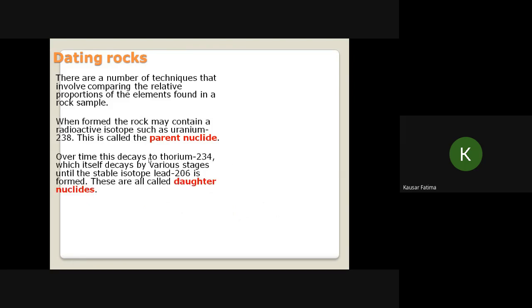It decays into thorium-234, which itself decays into other materials, and finally it becomes lead-206, a stable isotope, and it is the daughter. The older the rock sample, the greater the lead-206, because uranium will keep on decaying, and in a number of stages it will form lead. So the older one will have more lead.